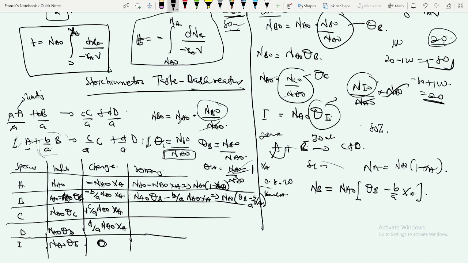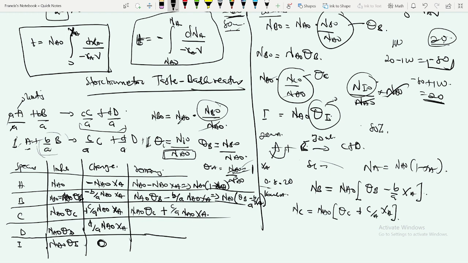So we have this. For our N_C, it's going to be N_A0 theta_C plus c over a N_A0 X_A. So the moles of C remaining will just be the moles of C on the product side, right? We can factorize N_A0 out, and we are left with theta_C plus c over a X_A.